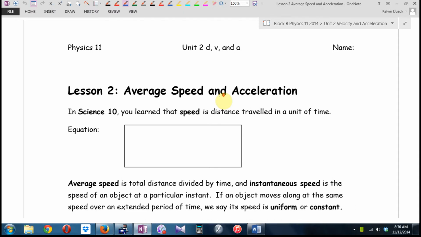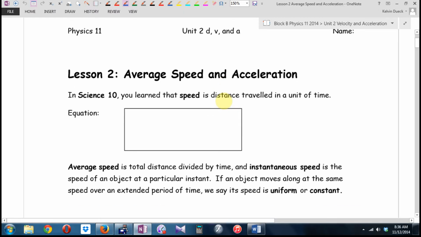In Science 10, you learned that speed is distance traveled in a unit of time. Now, don't write this down yet, please. You learned speed equals distance over time. First of all, we're not going to use the letter S for speed.